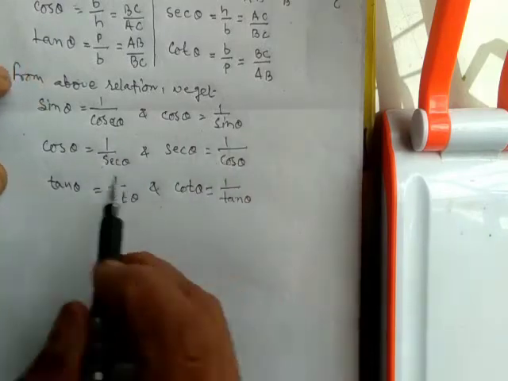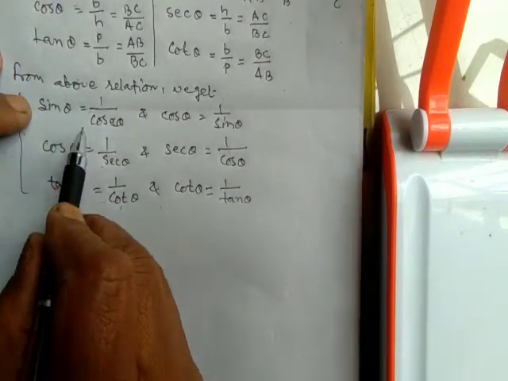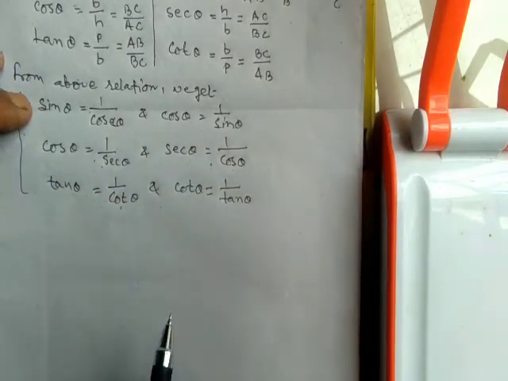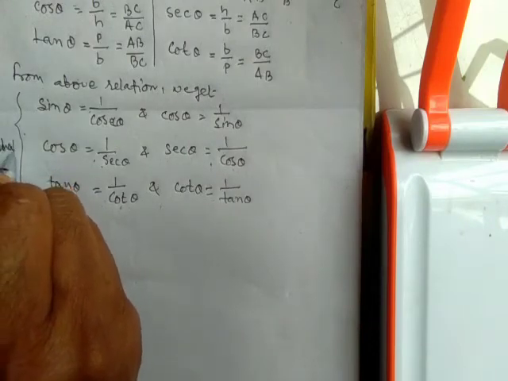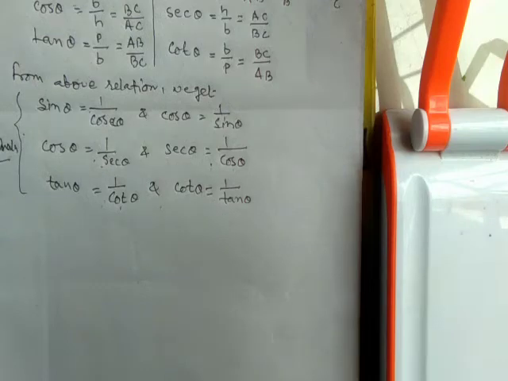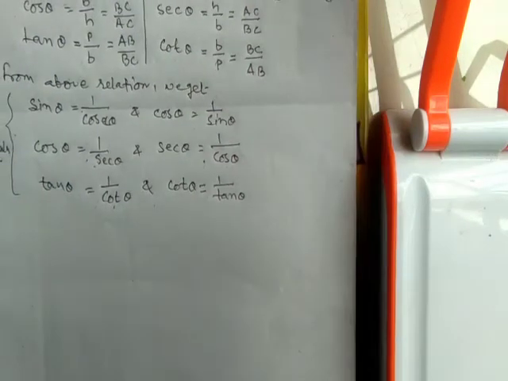So they are reciprocal to each other. Thus you are getting 6 formulas here.